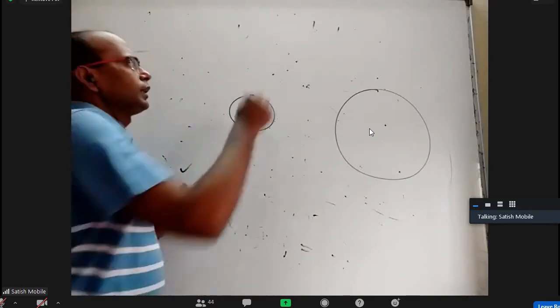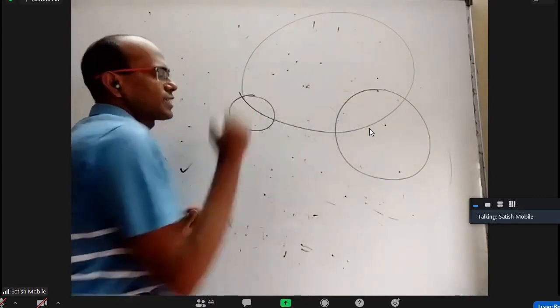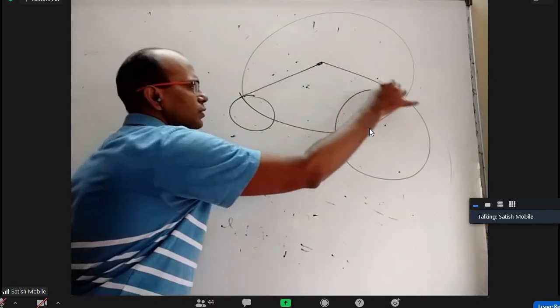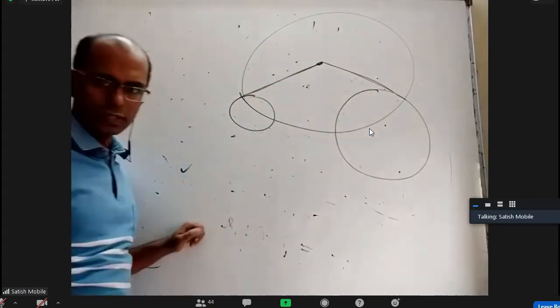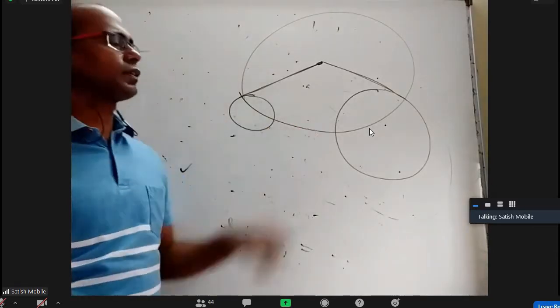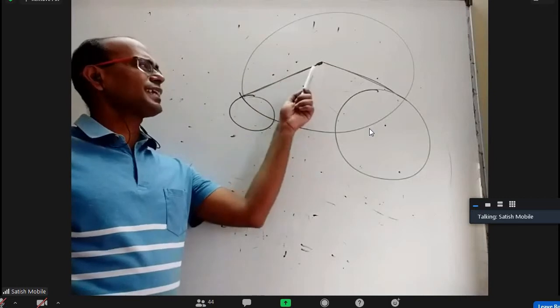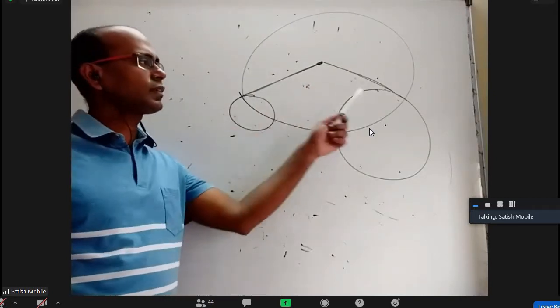Why? If at all there is a circle intersecting this orthogonally and this orthogonally, from its center, this is a radius and this is also a radius. But this is the length of tangent to the first circle, and this is the length of tangent to the second circle.